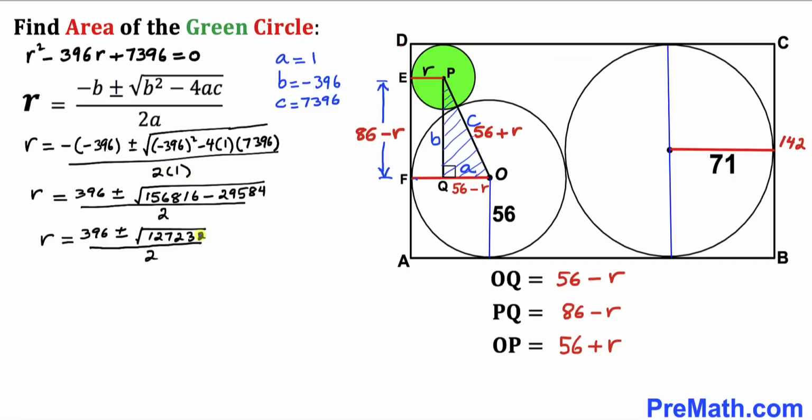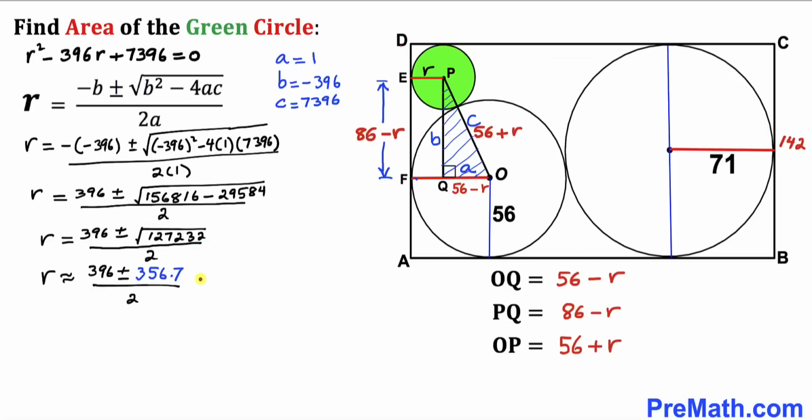Here I have simplified this one. So r turns out to be 396 plus or minus the square root of 127,232, divided by 2. The square root of this radical is approximately equal to 356.7.